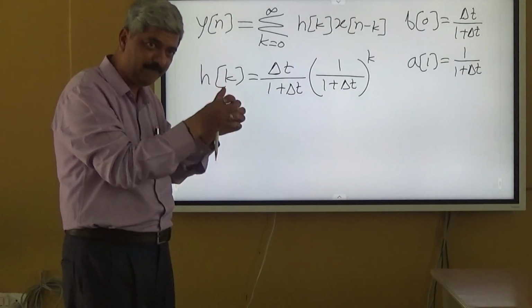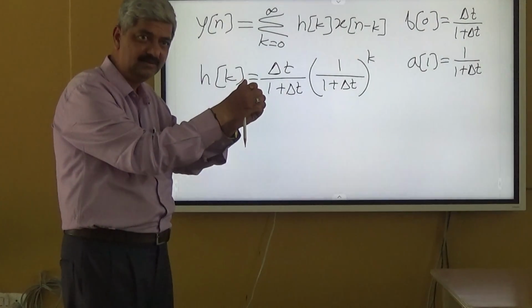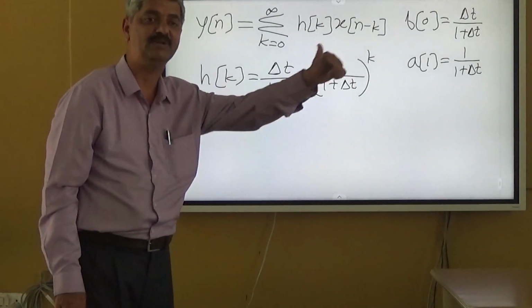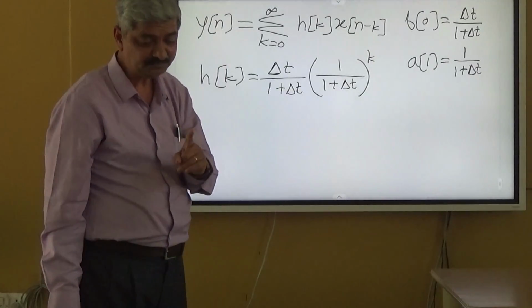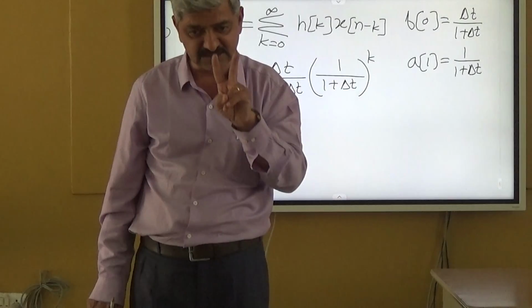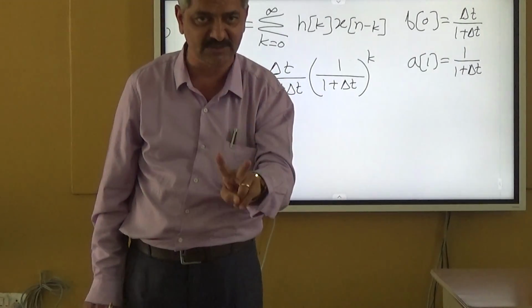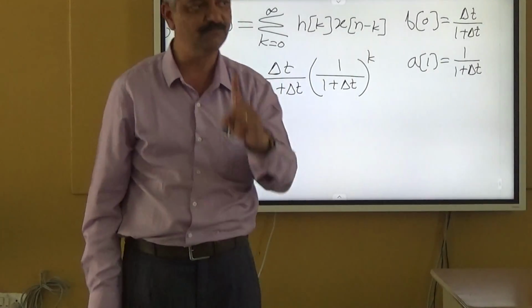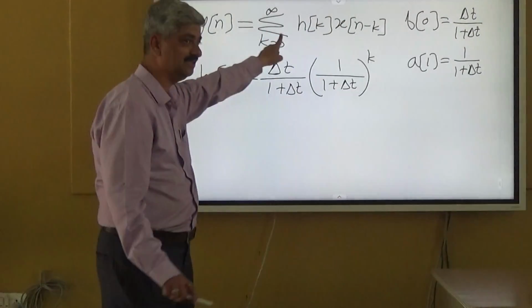Single occurrence of previous output gives scope for previous to previous input and previous to previous output. So ultimately, a two-term recursive equation is an infinite term non-recursive equation where current output is a combination of current and all past previous inputs. It is expressed by this, right?